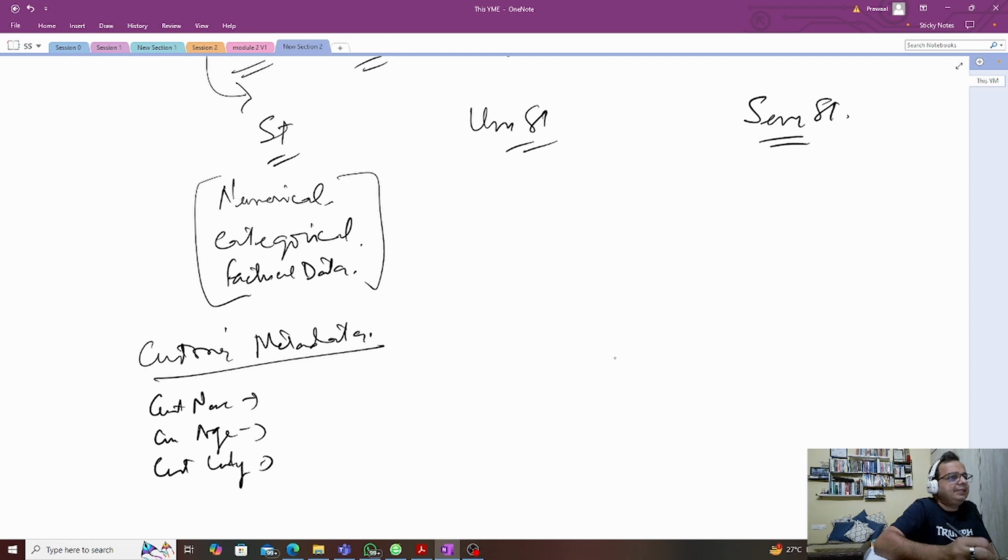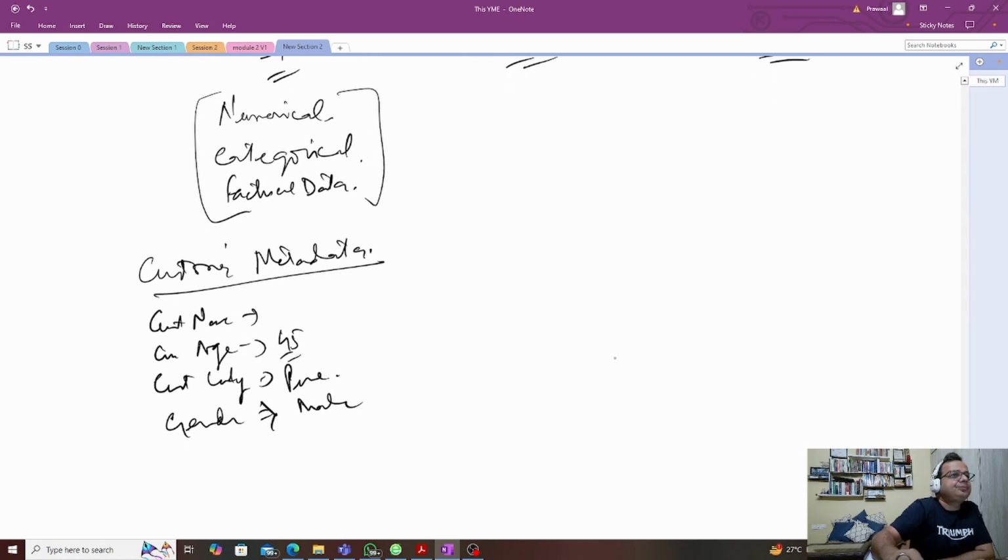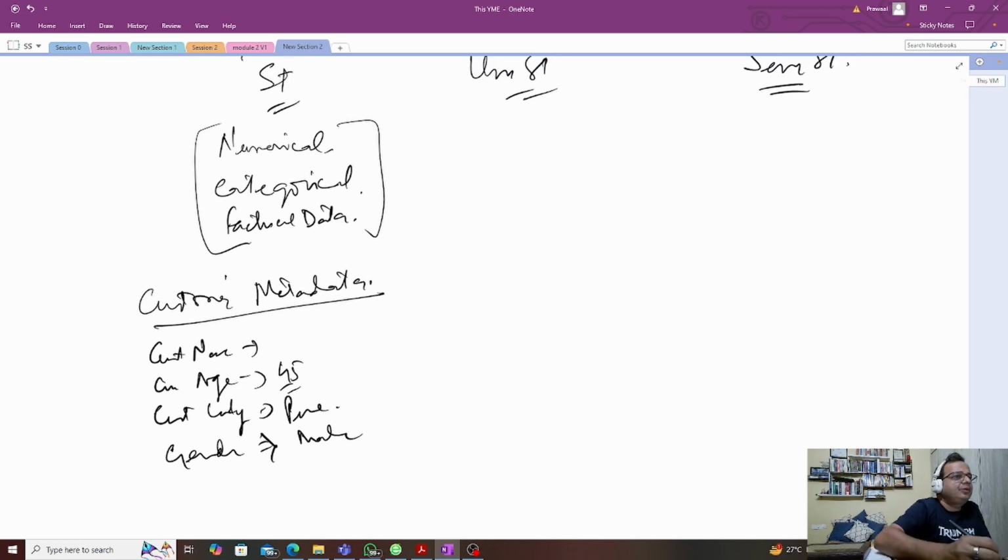All of this data is structured data, because you know the age of the customer is 45, he or she lives in Pune, and the gender of that person is, let's suppose, male. So this is structured data, easy to process, and the name is some name.